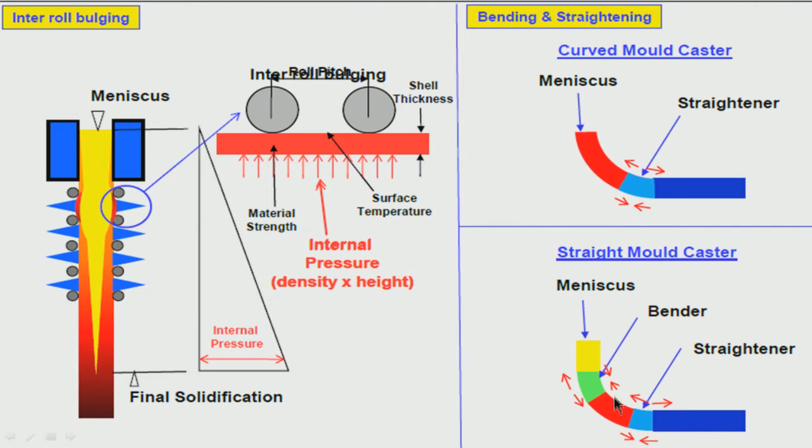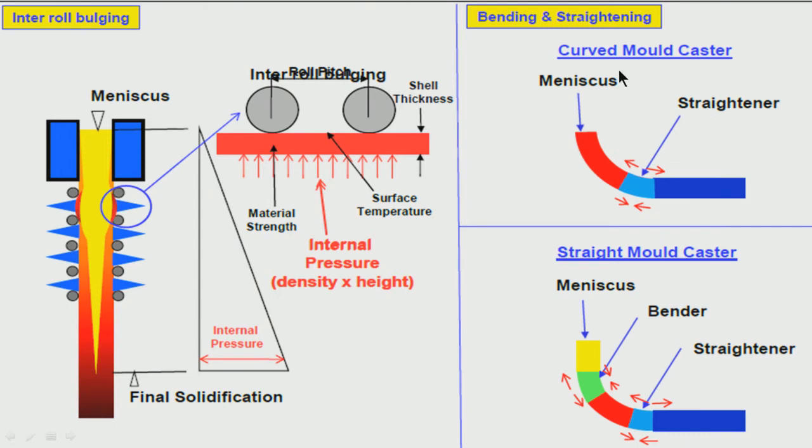So here you just look at here. Here it is a compressive force. Look at the direction of the arrows. Here it is a tensile force. During straightening, just the reverse is happening. At the internal shell, at the internal radius, it is becoming tensile, and at the outer radius it is becoming compressive.